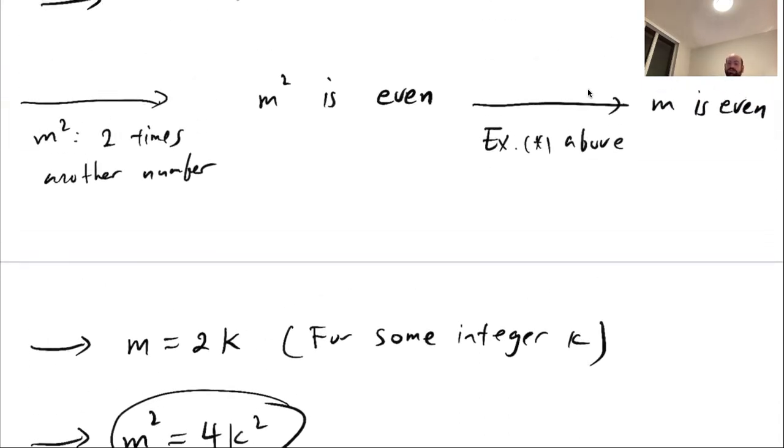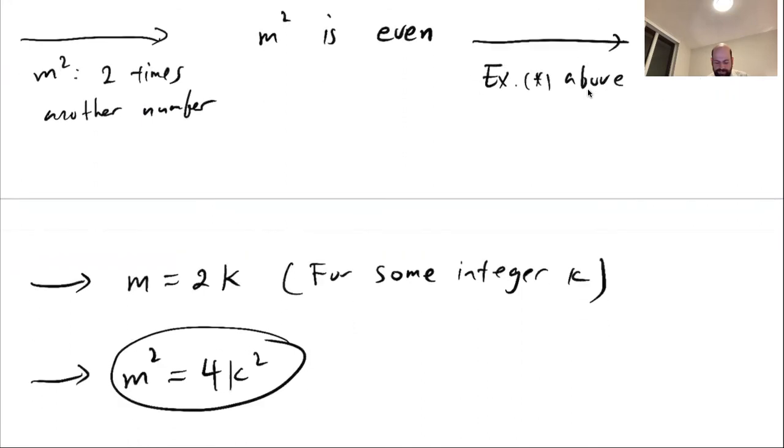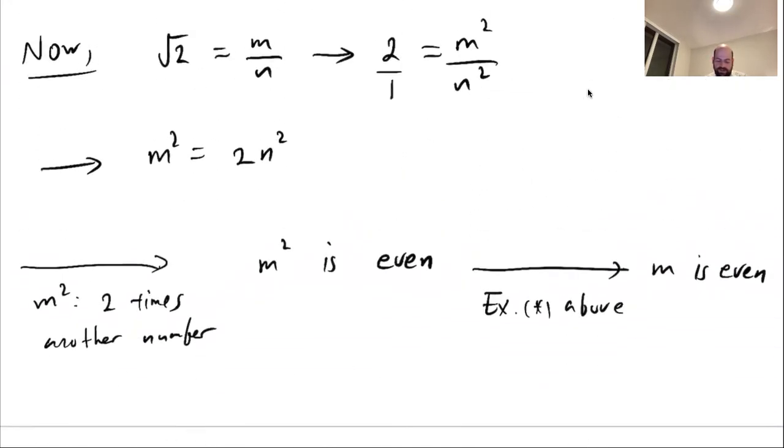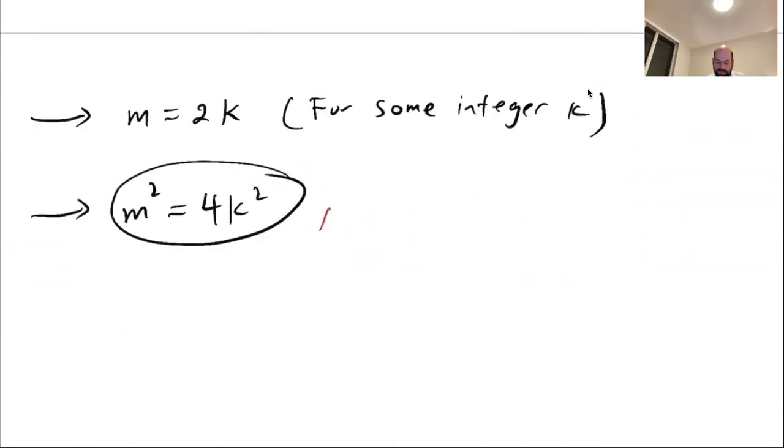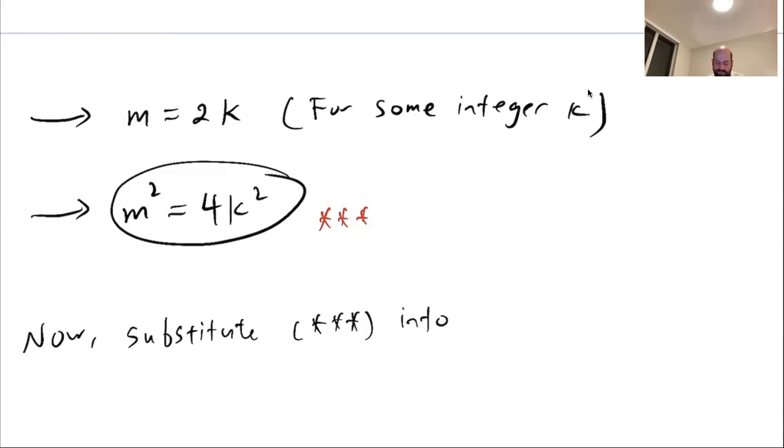Remember, my goal is to reach a contradiction. Now, m squared is 4k squared. I also knew that m squared is 2n squared. Let me call this one 2 star, and this one 3 star. Now I want to substitute 3 star into 2 star.